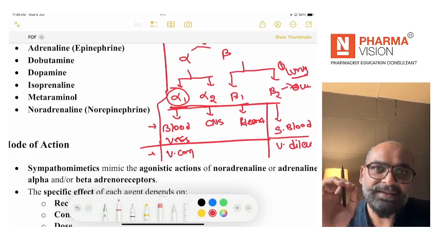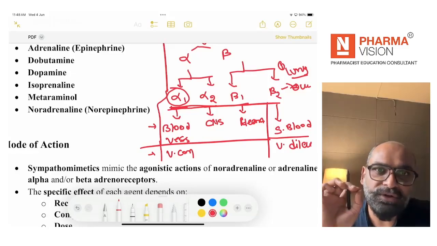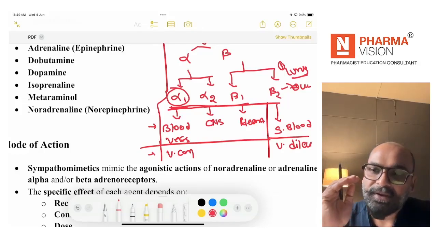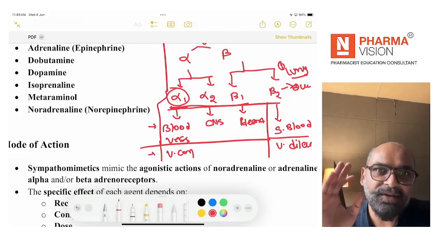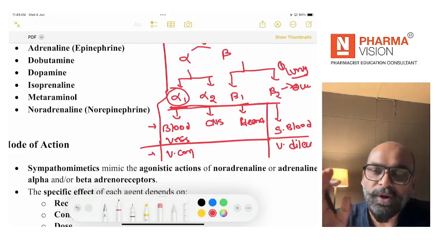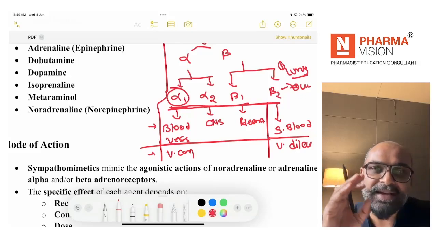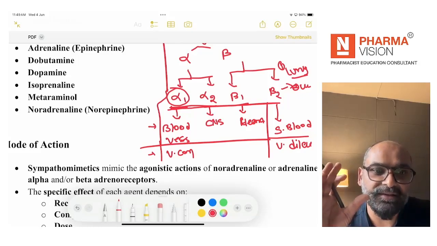His liver starts releasing more glucose into the bloodstream because he needs energy for running. Fourth, his hands and legs require more blood flow and more energy. That's why the blood vessels of his hands and legs are going to be dilated.